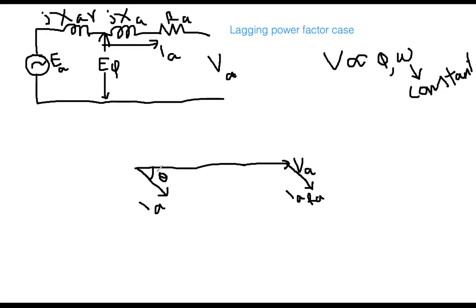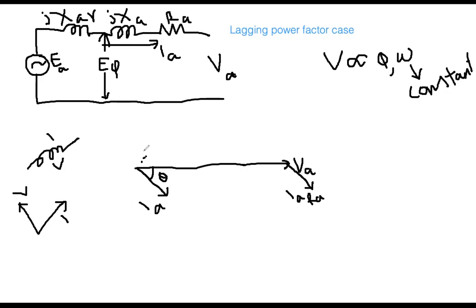So where will it go? Because this is an inductor, you know the relationship: IA jXA is the voltage drop in case of an inductor. In case of the inductor, if this is voltage and this is current, then the voltage leads the current by 90 degrees. So this is my current IA, and IA multiplied by jXA will go kind of here.